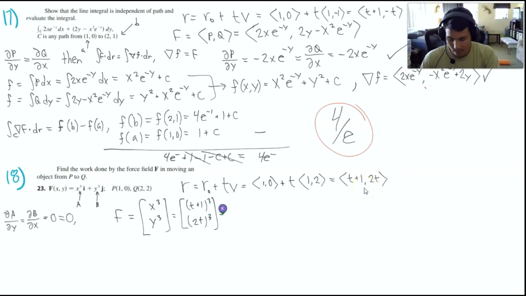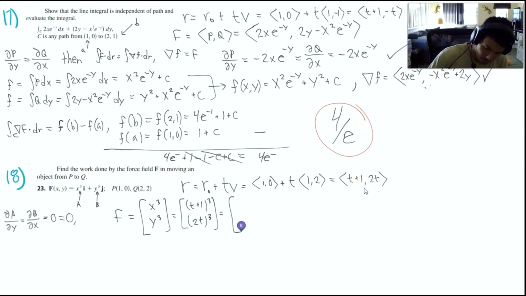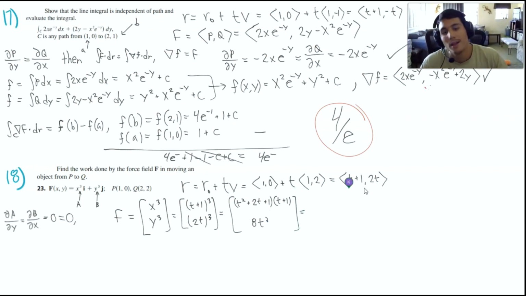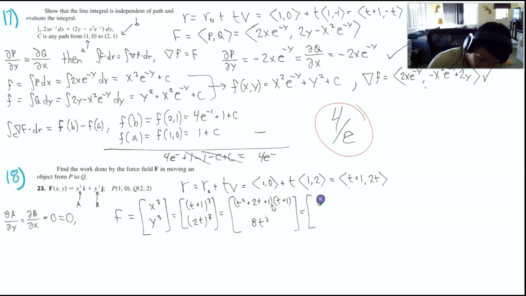Okay, and then this would be, oh my god, this is going to expand terribly. (t squared plus 2t plus 1)(t plus 1), and this would be 8t cubed. Okay, and then we gotta do this. I really hate foiling. It's the one thing in math I really don't like. I always mess up on it. t cubed plus 2t squared plus t, then we get plus t squared plus 2t plus 1.